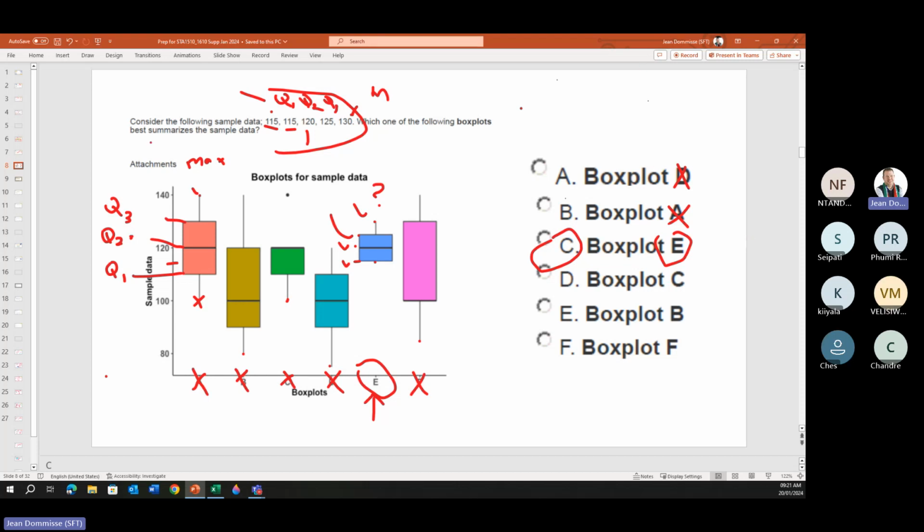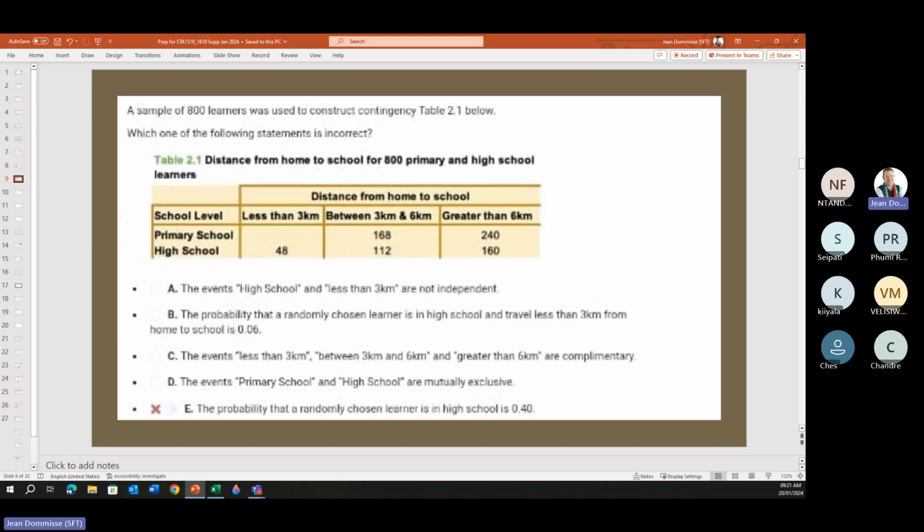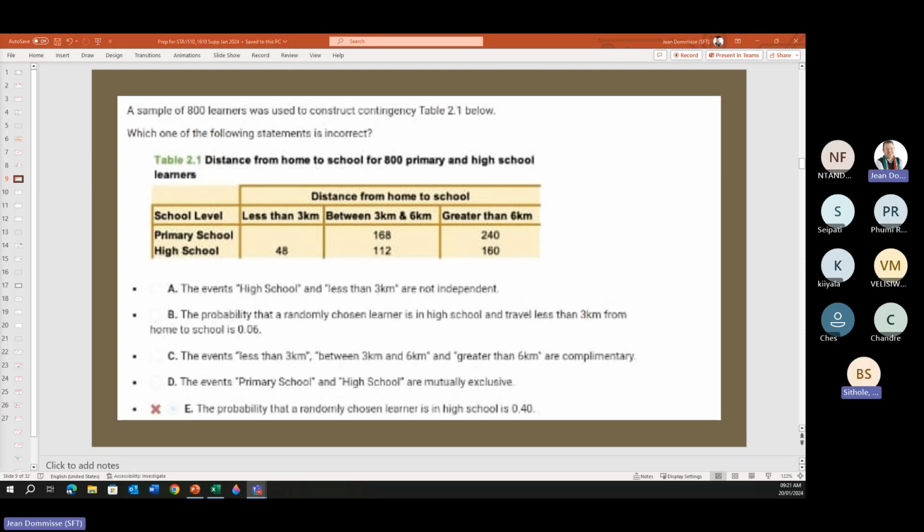So up until now, questions of study unit 1 to 3. So the next one, as you would remember, we're going into probabilities. So let's go into probabilities.